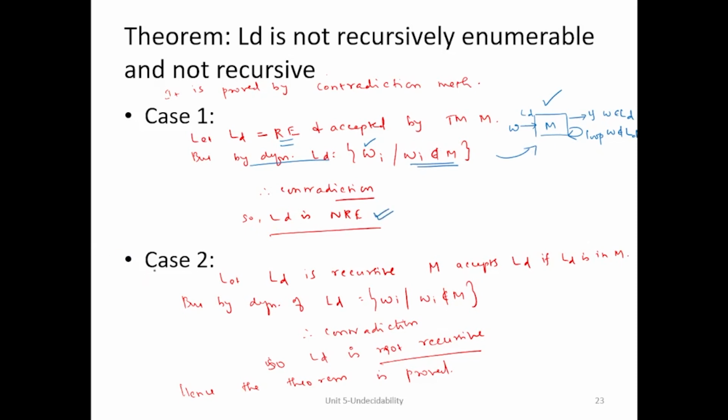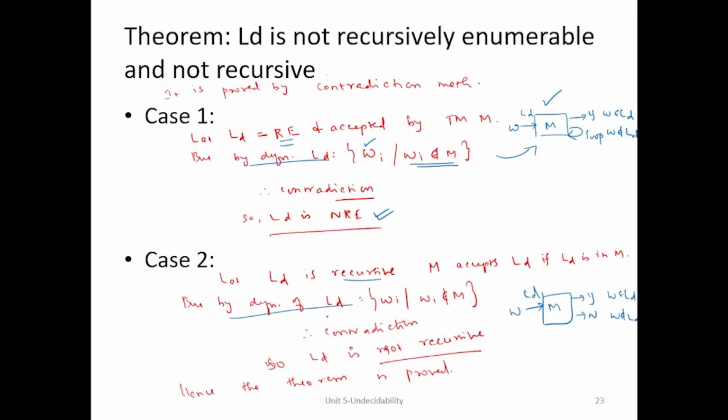Now consider case 2. I am again going to use a contradiction. Consider that LD is recursive. If a language is recursive, the machine goes to the accept state or the no state, depending upon the answer.